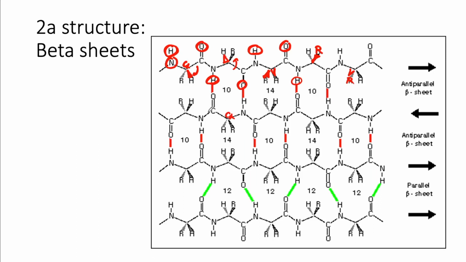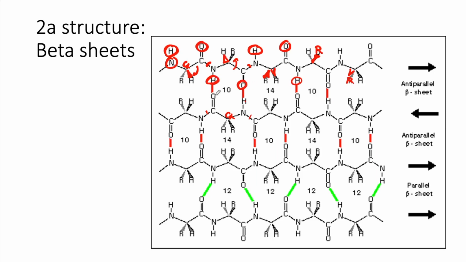So this is one residue unit here, and this is one residue unit here. These two residues basically rotate 180 degrees with respect to each other. And so this hydrogen finds itself perfectly aligned with this oxygen to be the hydrogen bond acceptor.